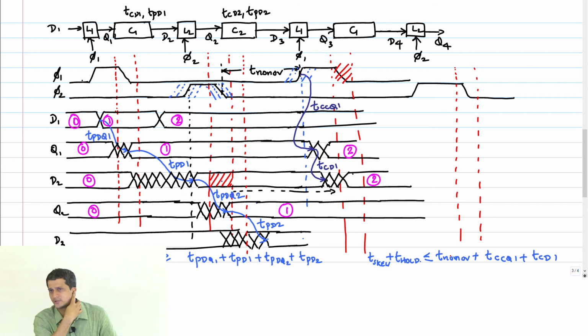Using clock and clock bar, yes. Or if your non-overlap period is very small. Okay. Now remember that for max delay, I have only one constraint. For min delay, this constraint has to hold at every latch.